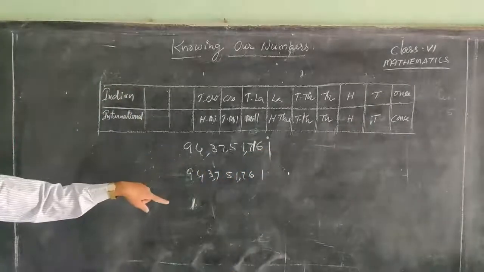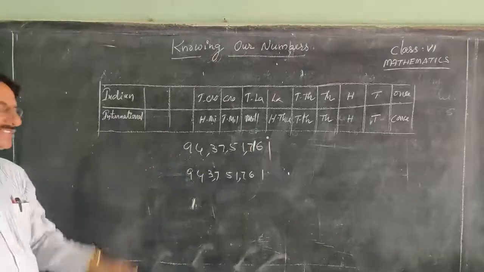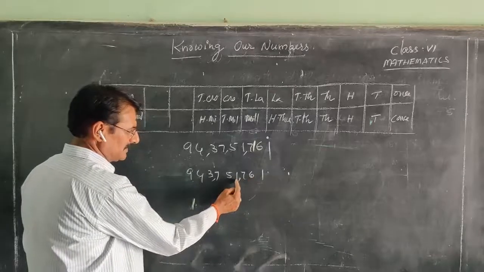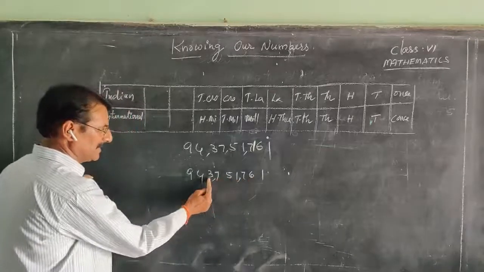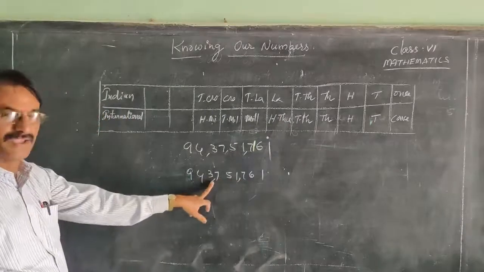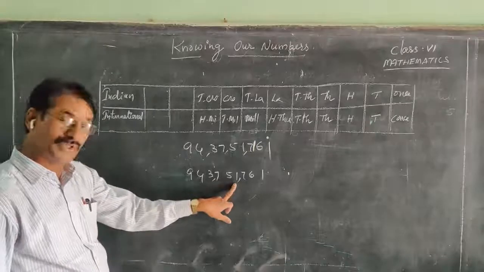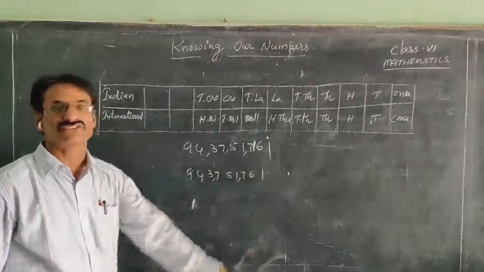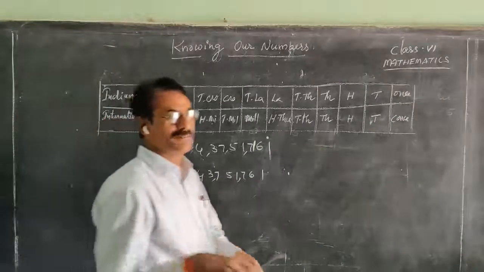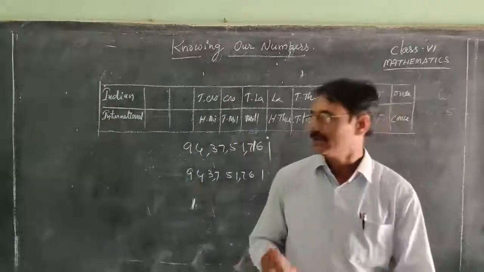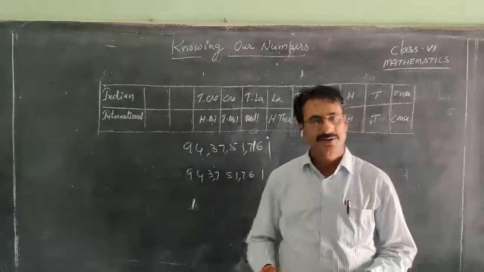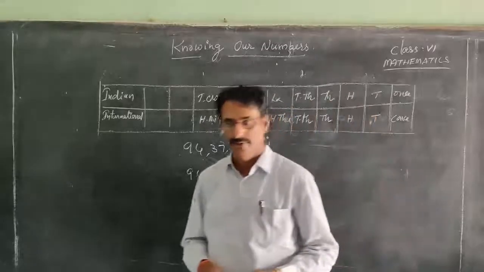The same number in the international system: ones, tens, hundred, thousand, 10,000, 100,000, million, 10 million, 100 million: 943 million, 751,761. If we use commas between the numbers, we can easily read any number in both the Indian and international systems.